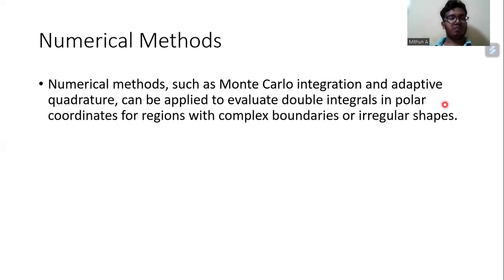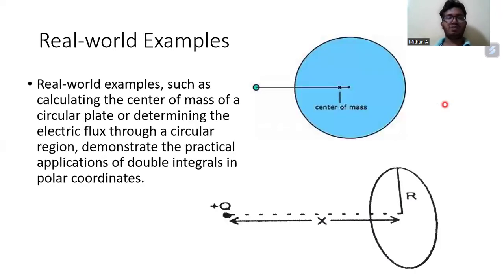If we talk about numerical methods, Monte Carlo integration and adaptive quadrature can be applied to evaluate double integrals in polar coordinates for regions with complex boundaries or irregular shapes.